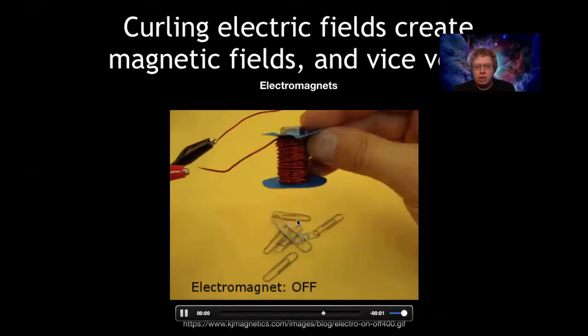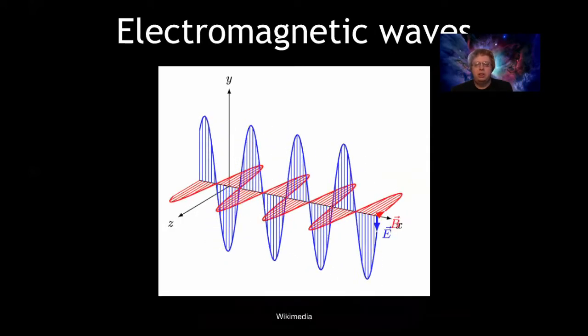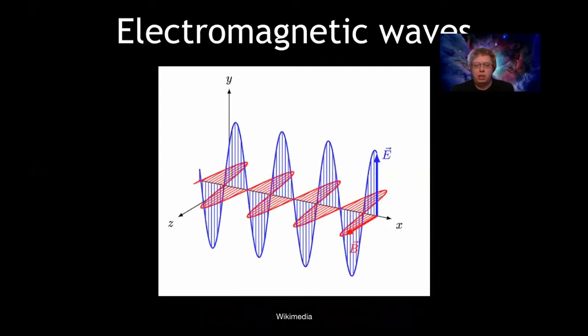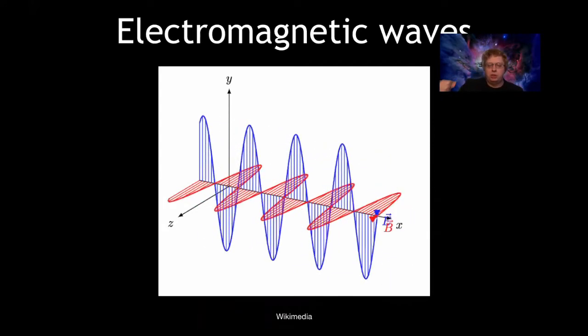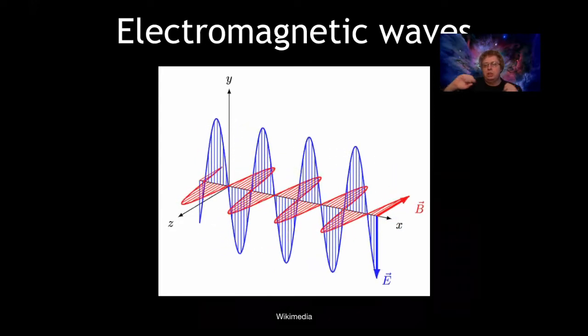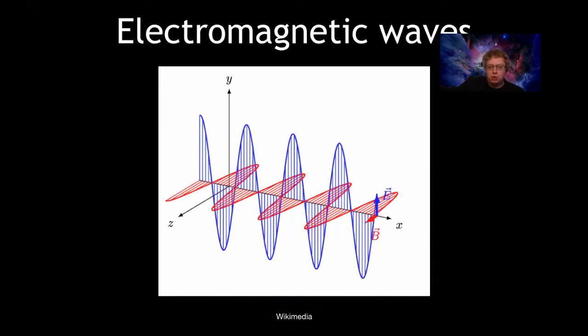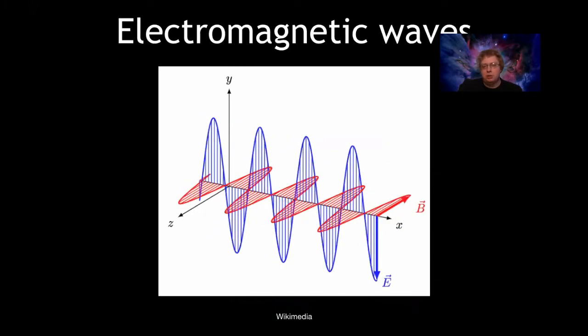In the same way, a curling magnetic field can cause an electric field. And when you put these two things together, they can actually interact in such a way that you can create a wave in which you have a changing electric field that curls around a magnetic field, which essentially propagates forward the electric field and the magnetic field together, essentially forever.